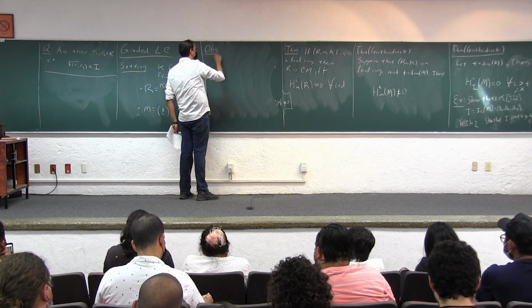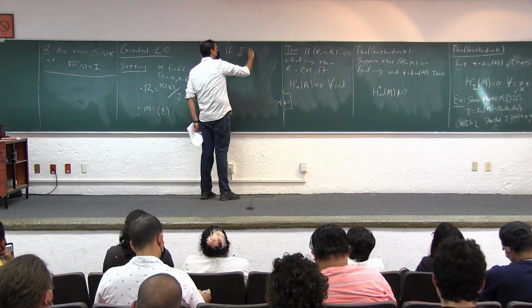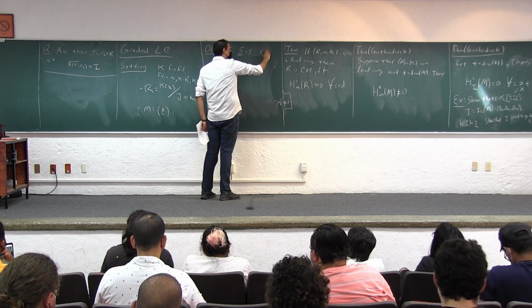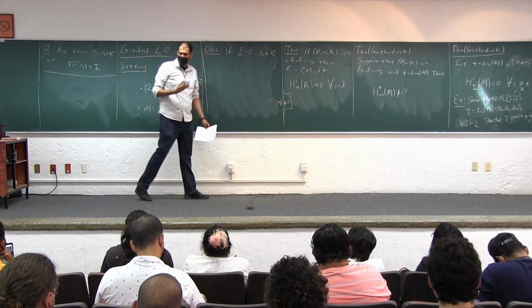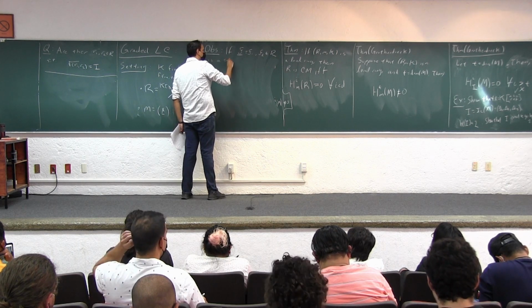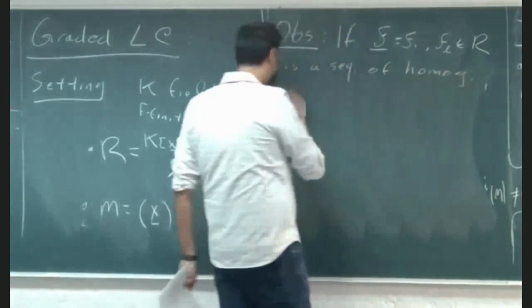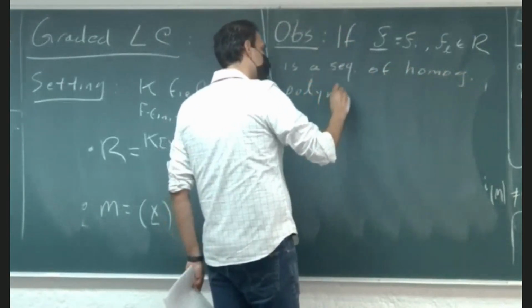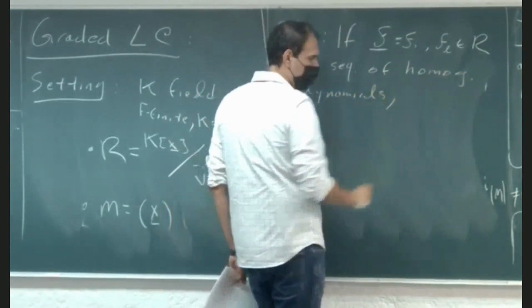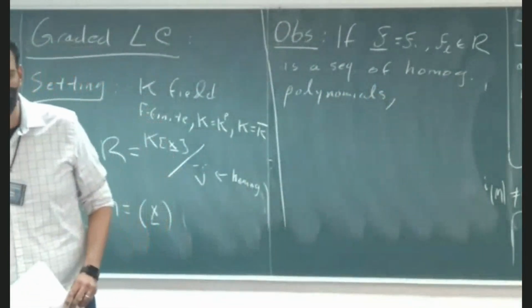Observation: if we have a sequence of polynomials that are homogeneous, then every localization at a homogeneous polynomial is a graded ring, no?